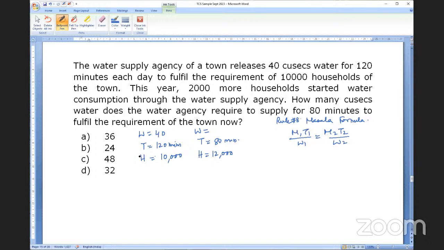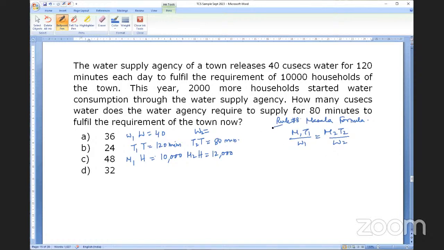In this case, M is nothing but households. This is M1, this is M2. This is T1 and this is T2. And the water which is supplied is the work, W1, and we need to find the value of W2. So we'll use this formula directly because we know the relationship between M, T and W is given by this masala formula. Straight away, we can use it.